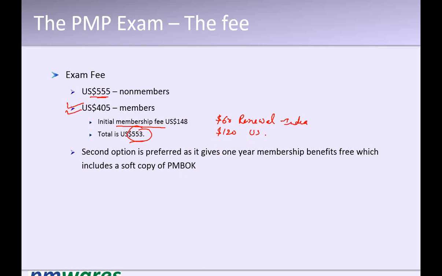India, Pakistan, there are some economical zones which they have declared, under which the renewal fee is 50%. Earlier, it used to be $120 only. I think 2 or 3 years ago, they changed it to $60.